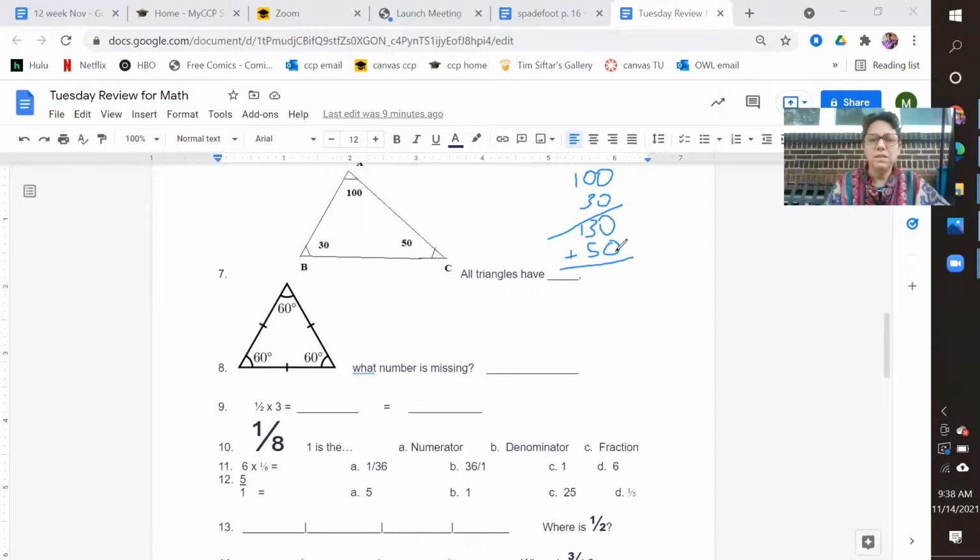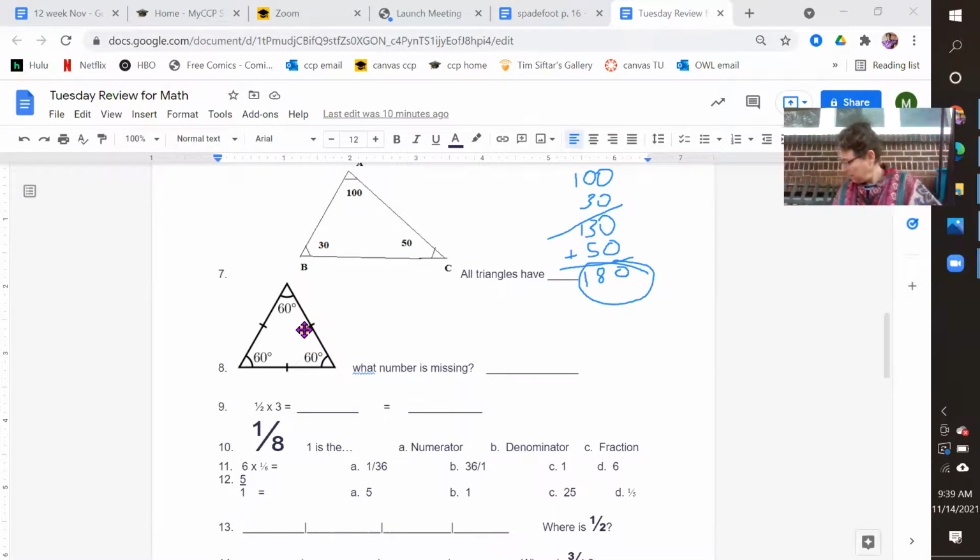So 0 plus 0 is 0. 3 plus 5 is 8. And 1 is 1. So all triangles have 180. And if we look at this one, we can see it is also true. Right? See, look at number 7. Same thing. All right.